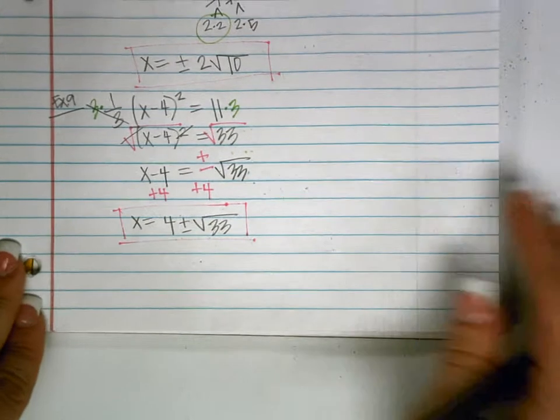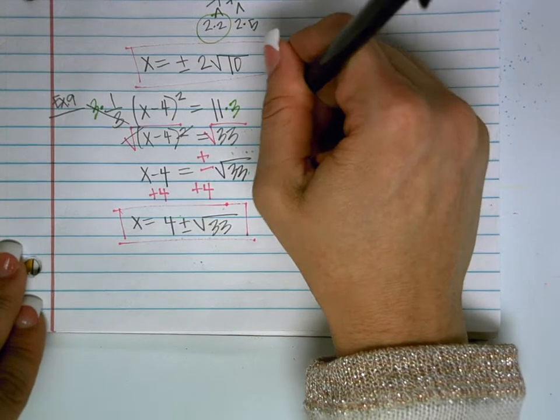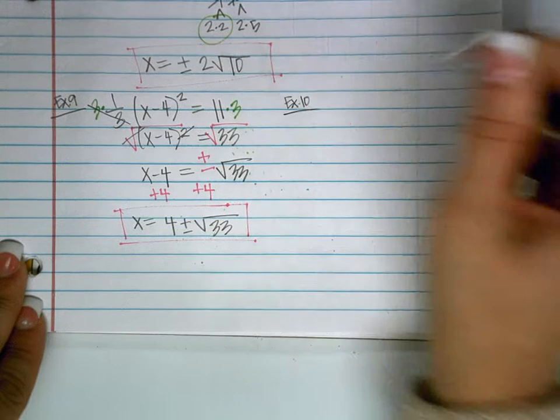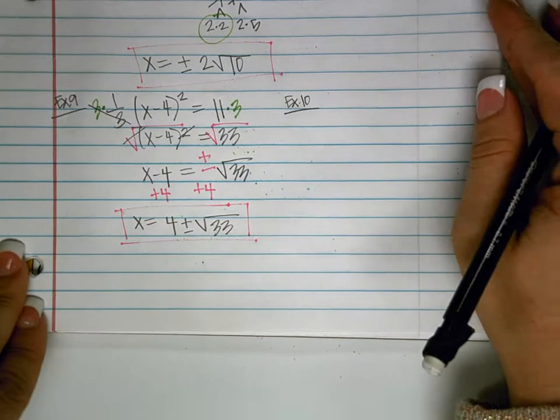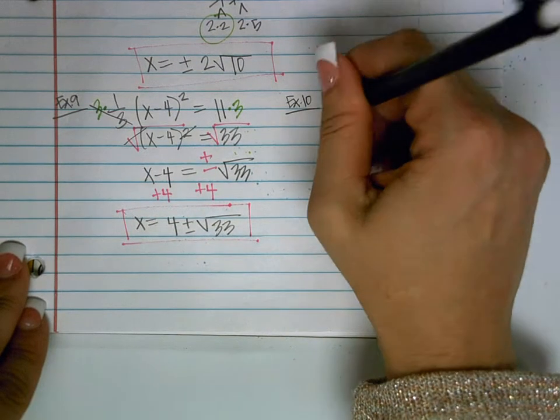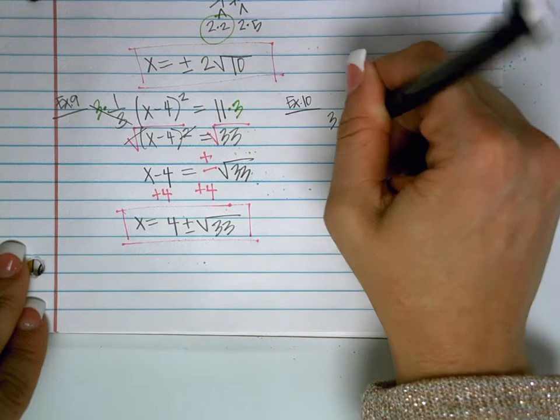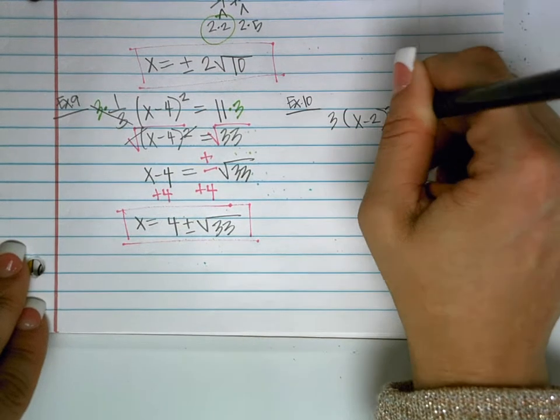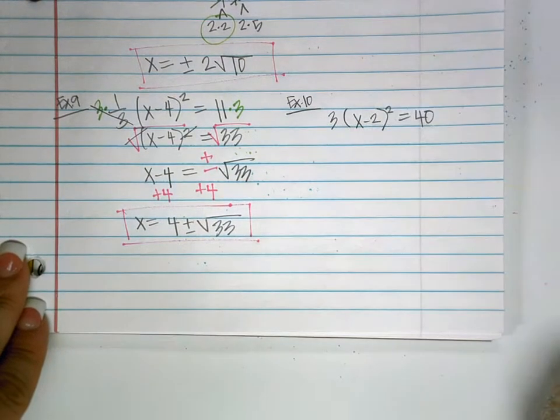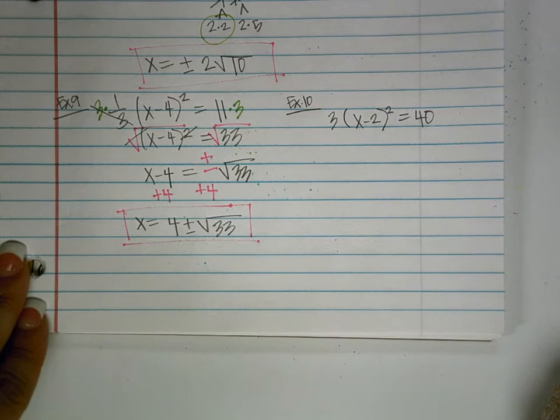Can I have one more for you? Okay, one more. The last one is I want you to solve 3 times x minus 2 squared equals 40.